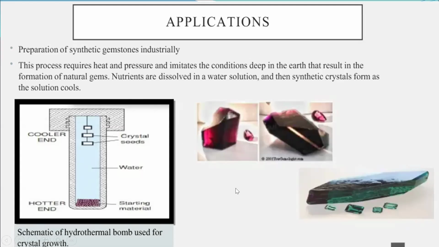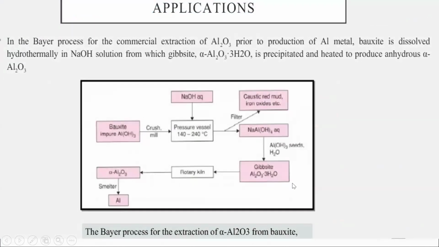One more process, the Bayer process, for the extraction of Al2O3 from bauxite. This is the commercial extraction of aluminum oxide prior to production of aluminum metal.